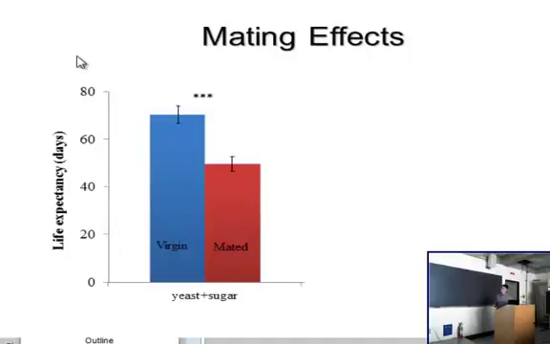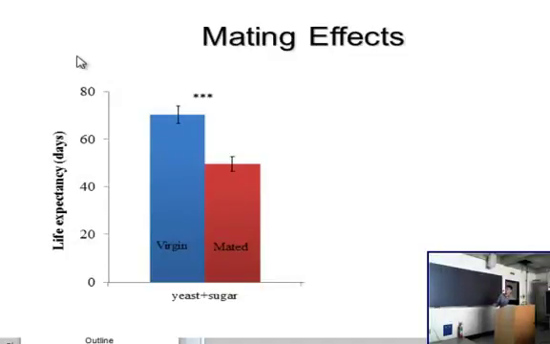So when I looked at the costs of reproduction in the Mex fly, when they were provided that full diet, we see strong evidence that the act of copulating and reproducing with a female is detrimental to life expectancy.